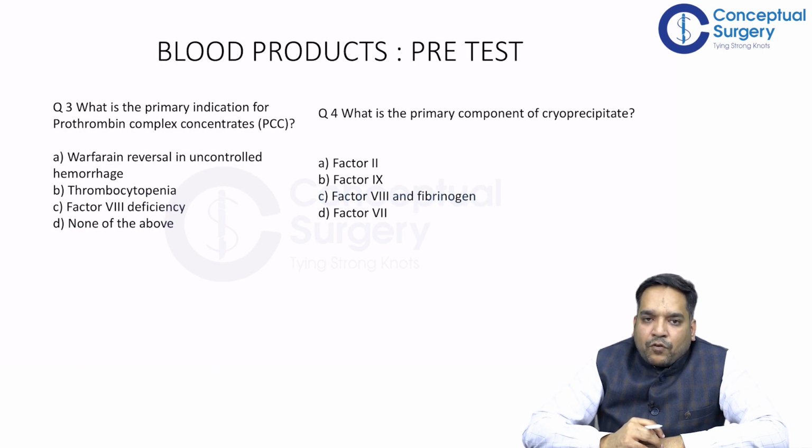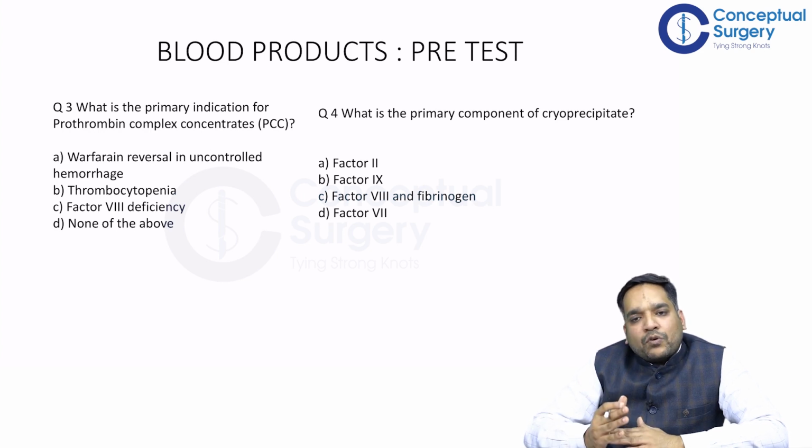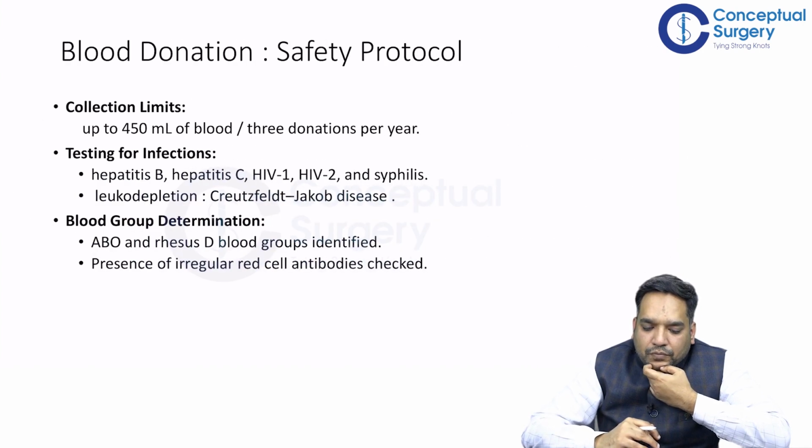Question number 3. What is the primary indication for prothrombin complex concentrate? Warfarin reversal in uncontrolled hemorrhage, thrombocytopenia, factor VIII deficiency, none of the above? What is the primary component of cryoprecipitate? Factor 2, factor 9, factor 8 and fibrinogen, and factor 7.